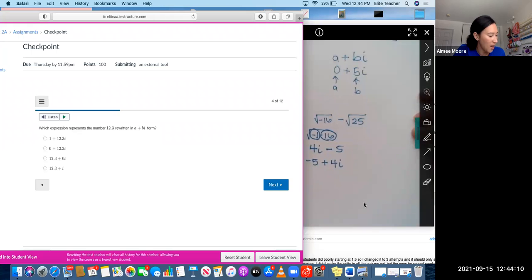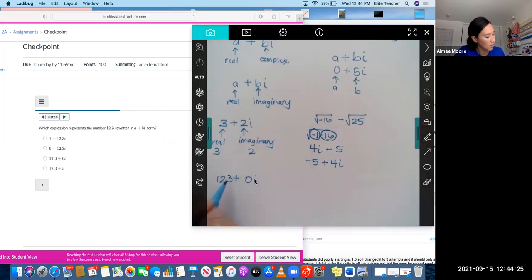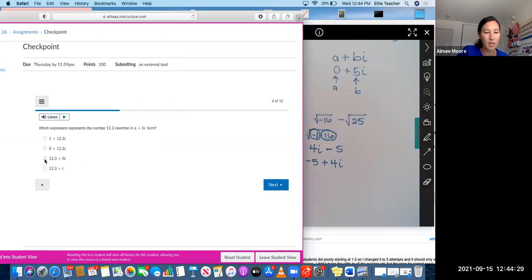So if we want to write it as a complex number, we would just do 12.3 plus 0i. Good, you guys have got it. Any questions before I move on?